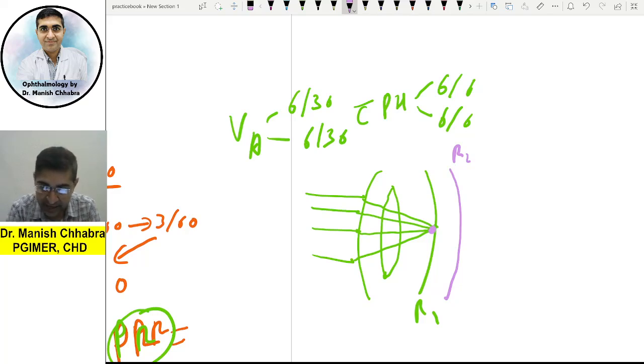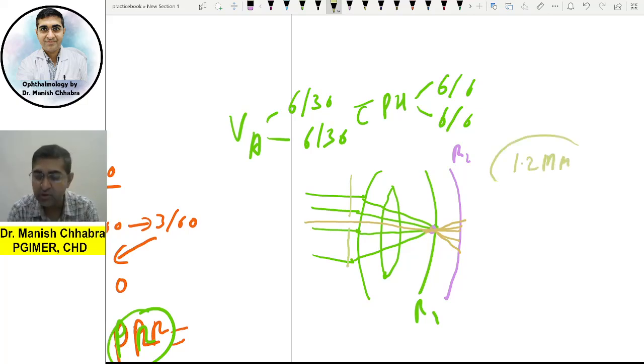You will see that the central light ray will still focus at the center of the retina, but the light rays which are coming from the periphery, they will go here, here, here, and here. That is why the patient will have blurring. Now the concept of pinhole comes into play. If you place the pinhole in front of the eye, the diameter of the pinhole is 1.2 millimeter, or some books write that the diameter of pinhole is 1 millimeter.